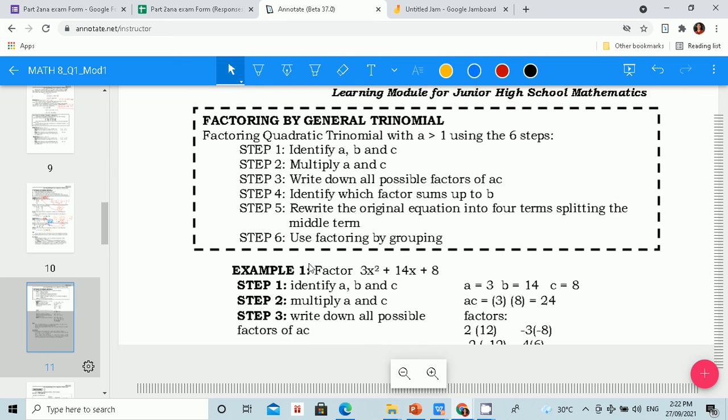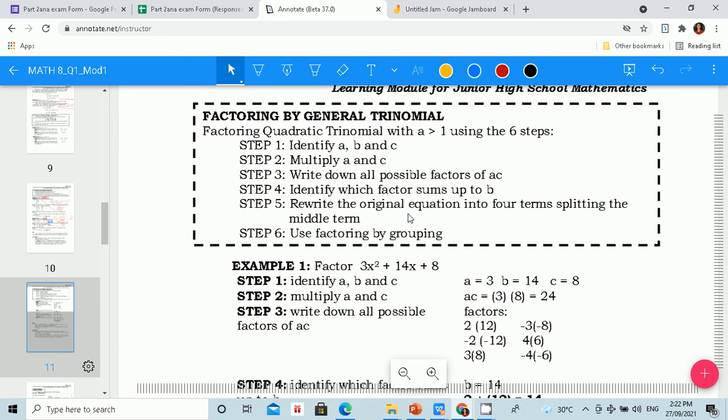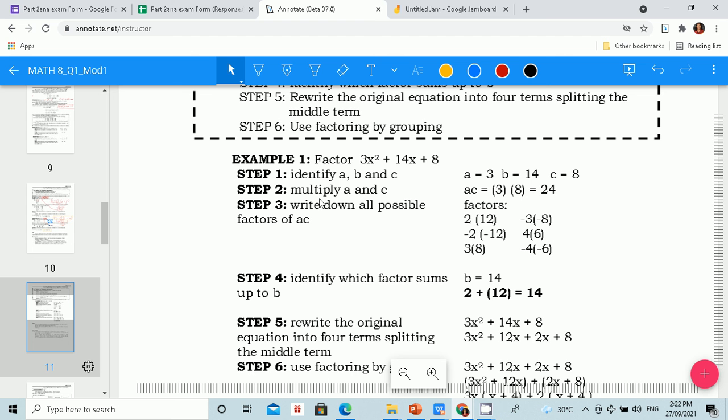Now let's go to factoring a general trinomial with a greater than 1 using 6 steps. Okay, we have here 3x squared plus 14x plus 8. So our coefficients, we have 3, 14, and 8.